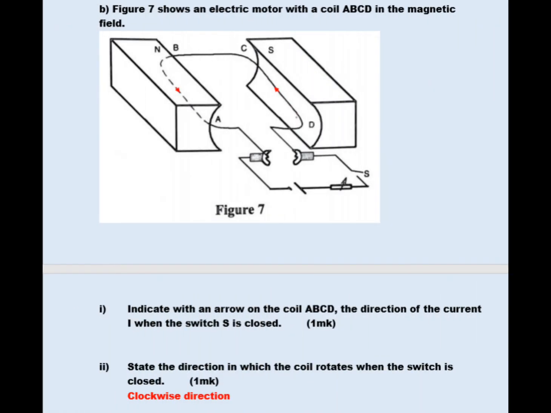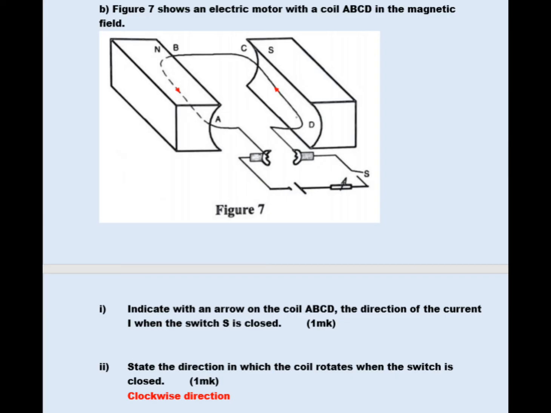Figure 7 shows an electric motor with a coil ABCD in the magnetic field. So you can see coil ABCD, and of course you have a source of current, that is a cell connected to the coil.